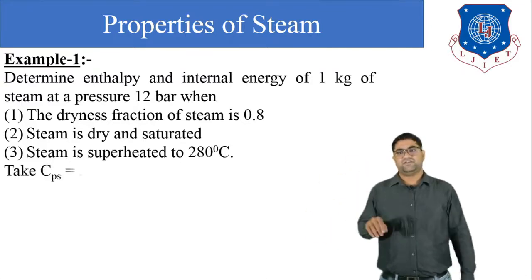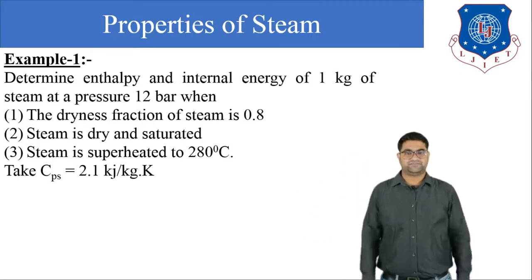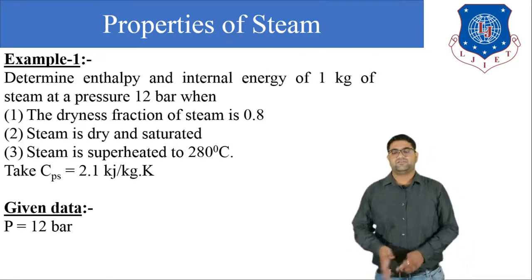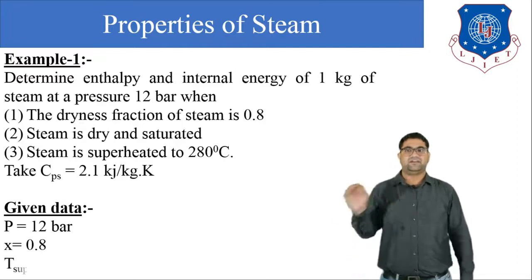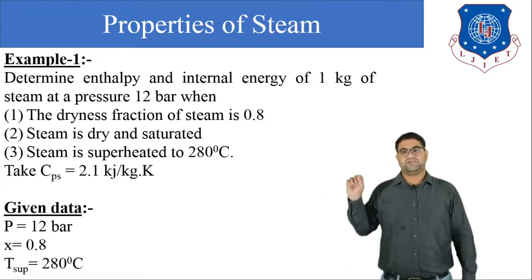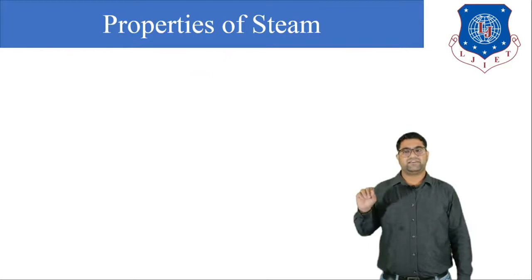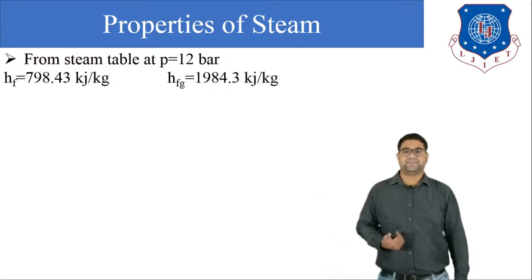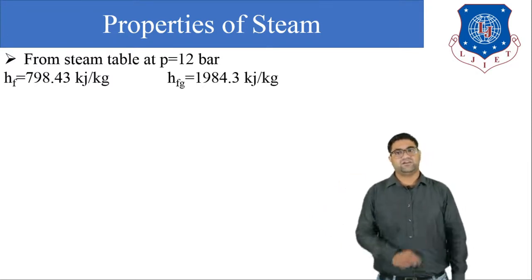First of all, let us write the given data. Here Cps is given as 2.1. The pressure is 12 bar, and from the steam table at 12 bar we get hf equals 798.43 kilojoule per kilogram.